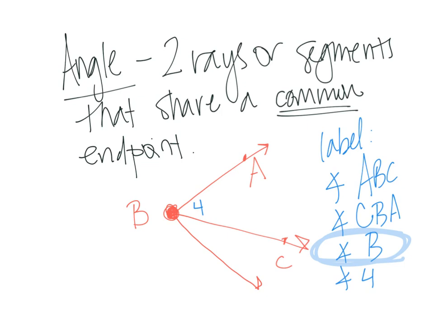So now I would no longer be allowed to call this angle B. So I would have to call it angle ABC or CBA to know that I'm only talking about this angle and not this angle down here. So you can only label it with one letter if it's only one angle.